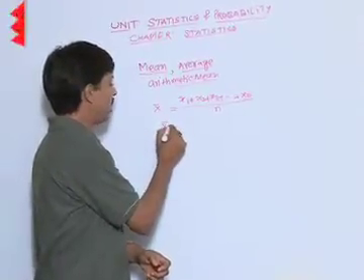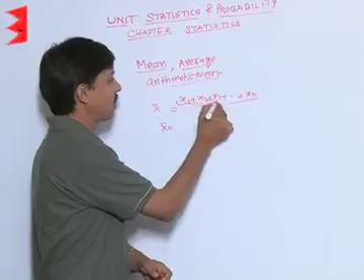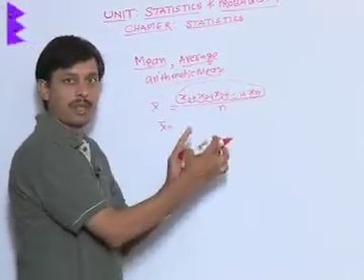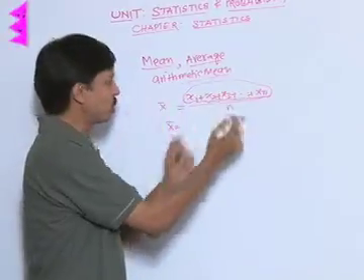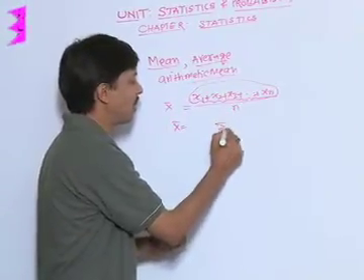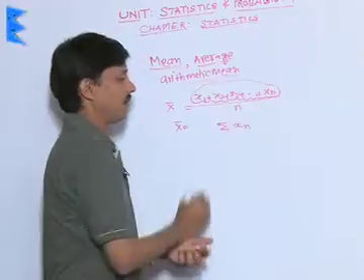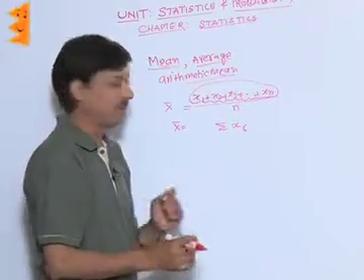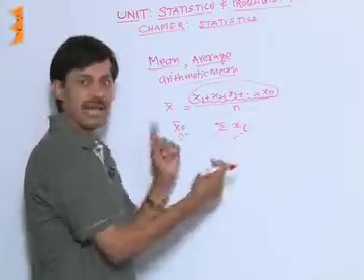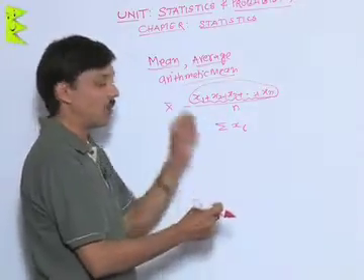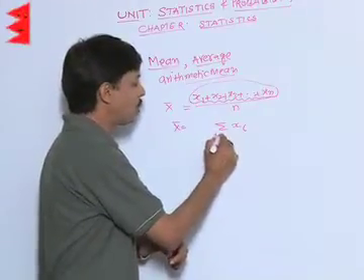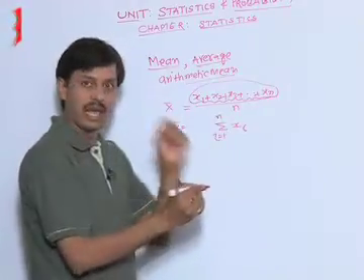That is x bar, saying x1 plus x2 plus x3 plus xn, the expanded form. This is the expanded form. In short form we say it is sigma xn. But in place of n, if you write i, it gives you a better feel, that is sigma xi, meaning the sum of all i observations, and the value of i goes from 1 to n.